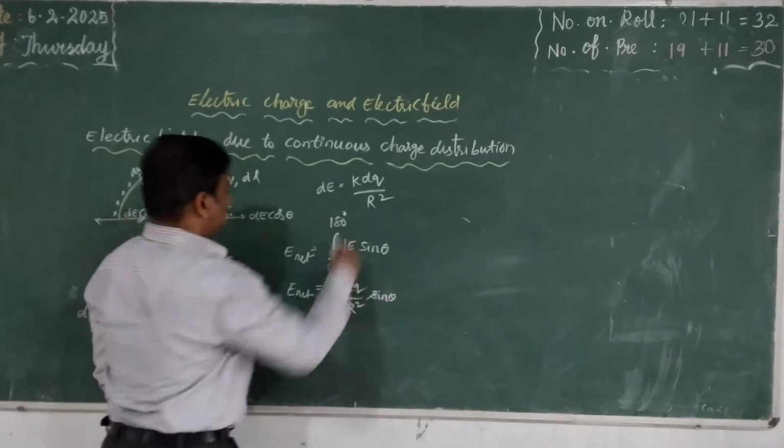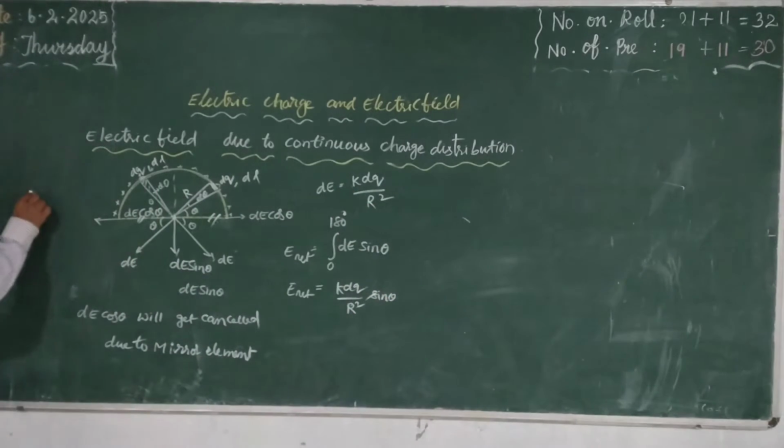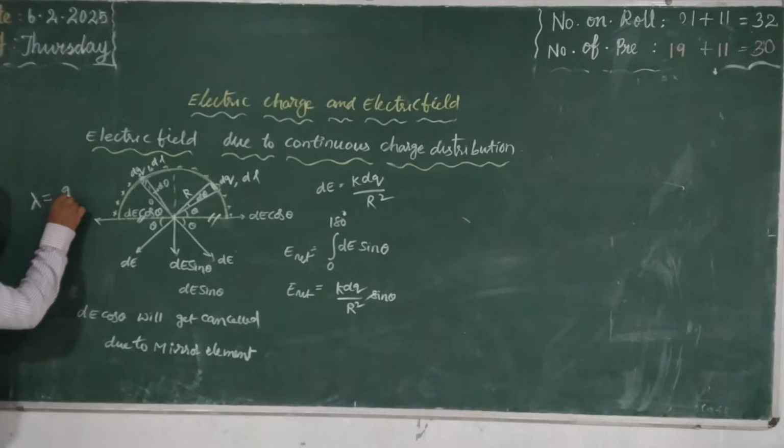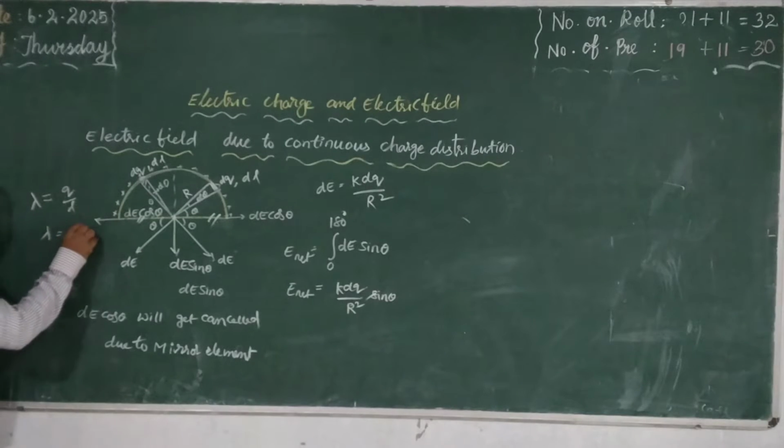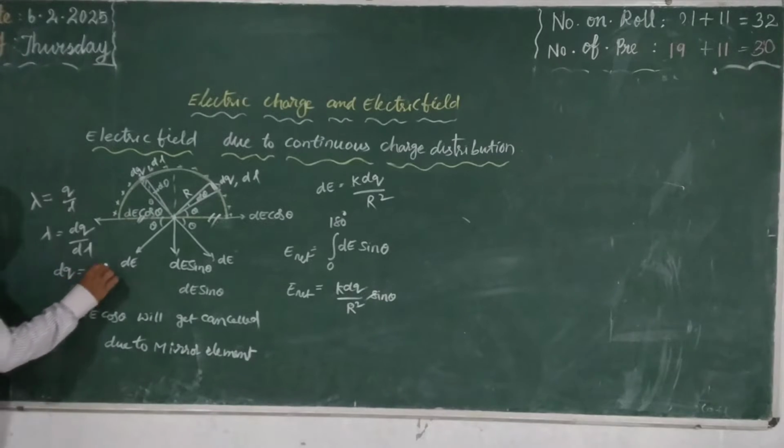And dq means, before that, linear charge density. Linear charge density lambda equals charge per unit length. So lambda equals dq by dl, so dq equals lambda dl.